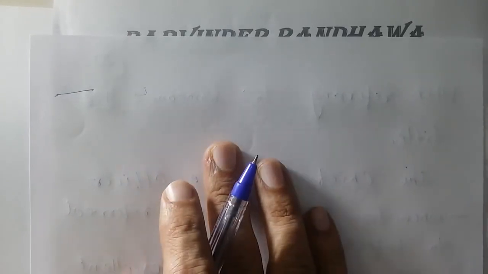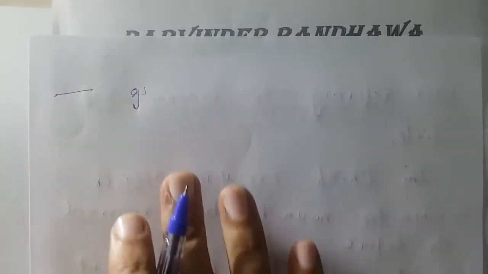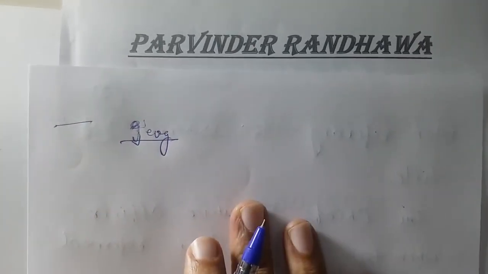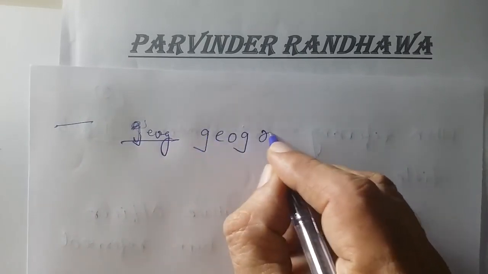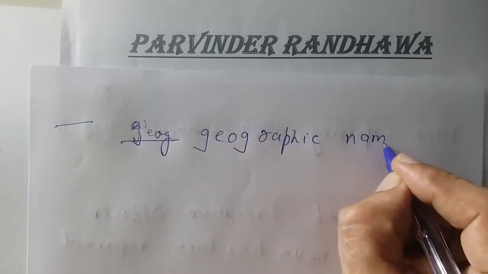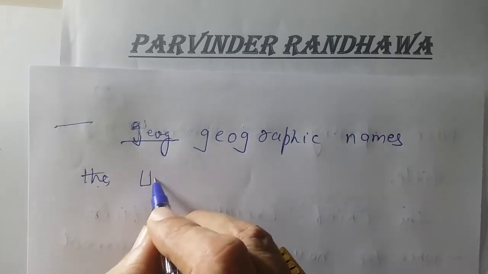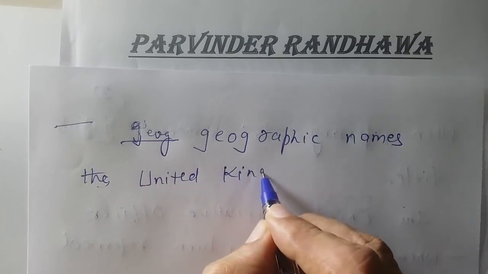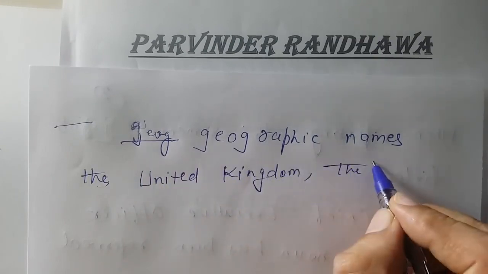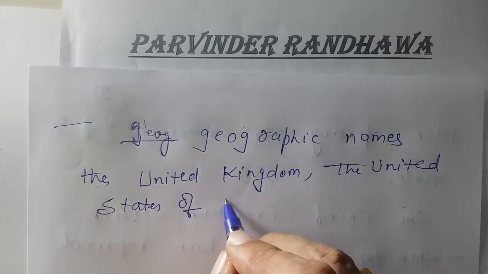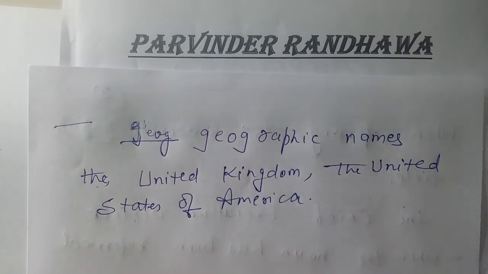Where I was, yes, with the of phrase I did geographic names. What kind of geographic names are there? If you remember, we always use the in front of the United Kingdom, the United States of America, because they are representing a geographical region.